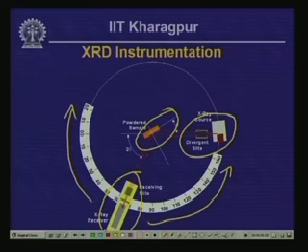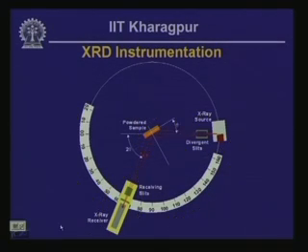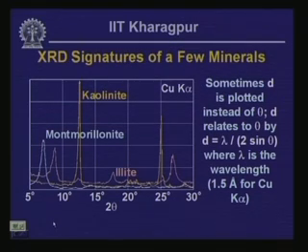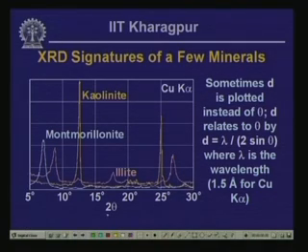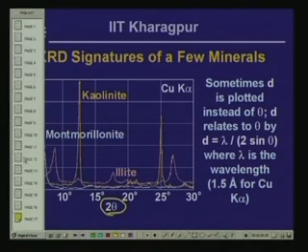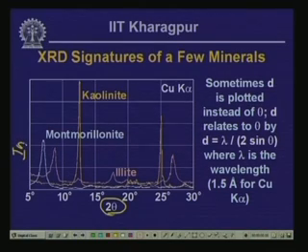And what we do is plot the intensity of the received signal as a function of the angle, and what we get in that process is this. Here we plot the angle, and on the vertical scale we have the intensity of the X-ray signal, and you can see at different angles, depending on what mineral you are looking at, you are going to receive a very intense radiation.